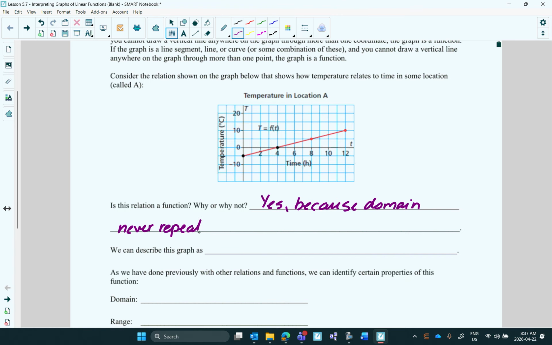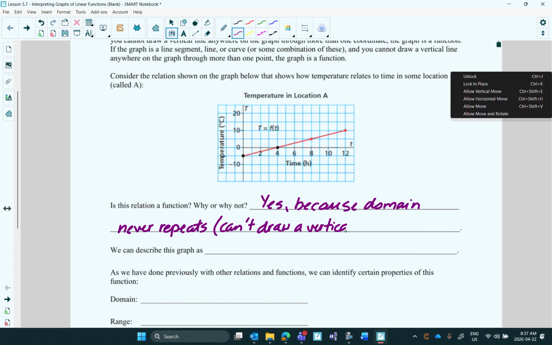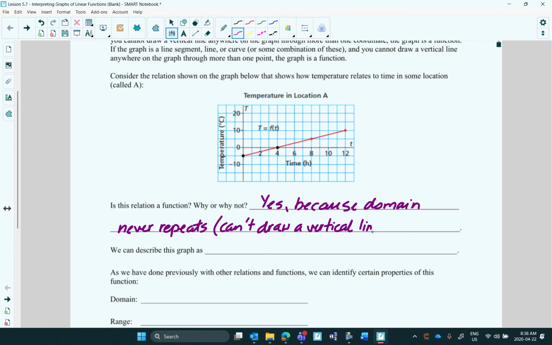Or, remember we talked about something called the vertical line test. You can't draw a vertical line through more than one point. That's another way you could explain it if you want.